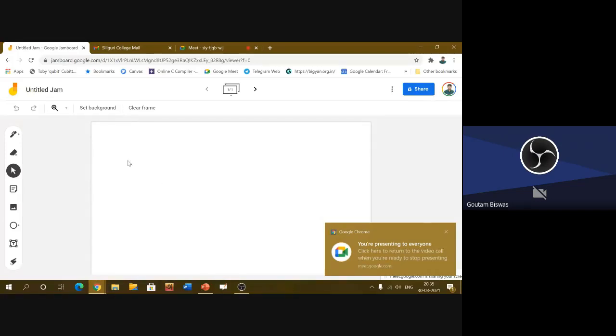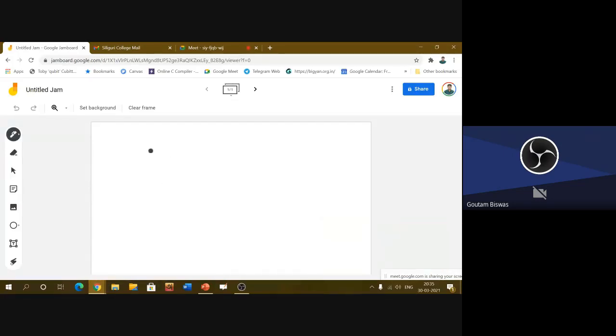Phi inverse of f, phi inverse of f of union, that is union An, okay, like this.